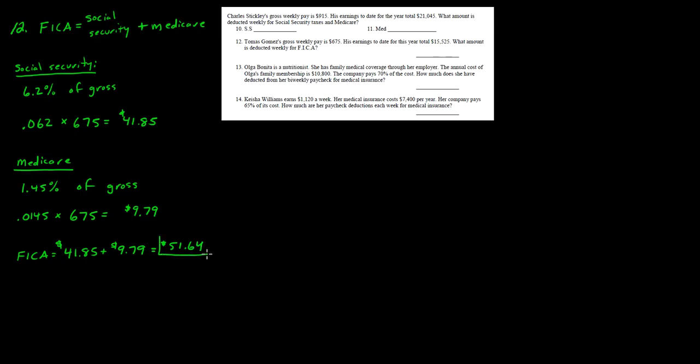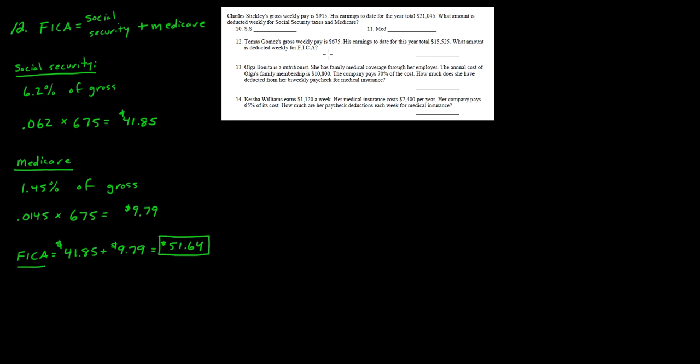Now, another way you could do this is you could simply take the grand total amount of FICA, which is 7.65%, and multiply that by the gross pay and save a few steps. But by doing it this way, I'm able to show you how to find just the Social Security or just the Medicare, and also show you how to find FICA by combining the two. So this kind of shows you how to do 10, 11, and 12.